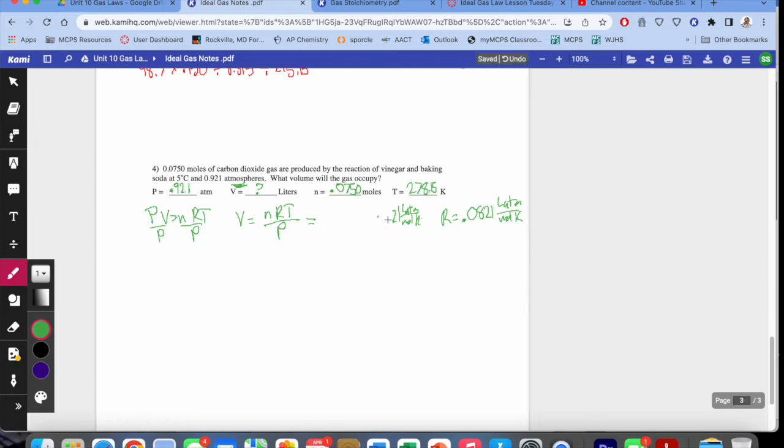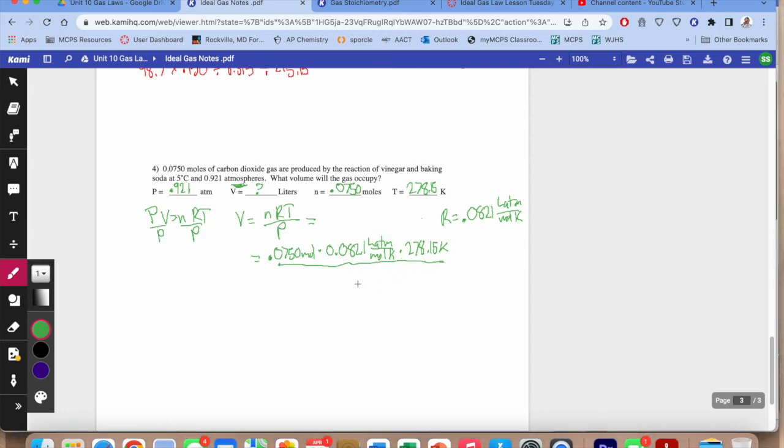Let's write this below where I have more space. 0.0750 moles times 0.0821 liter atmospheres per mole Kelvin times 278.15 Kelvin, all divided by 0.921.